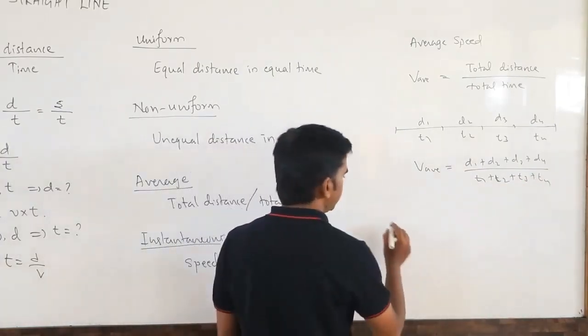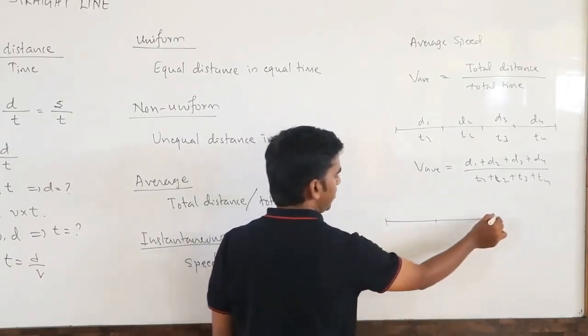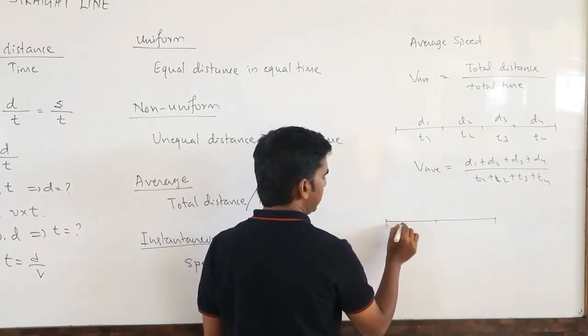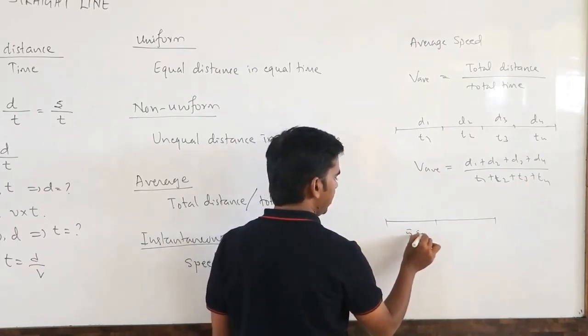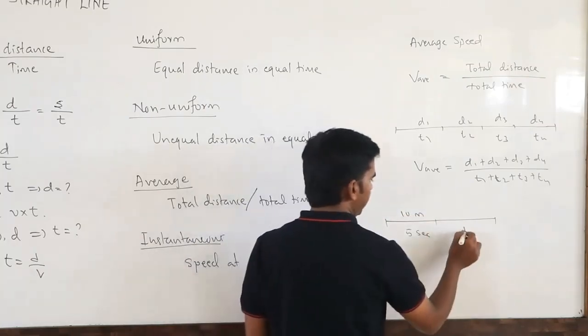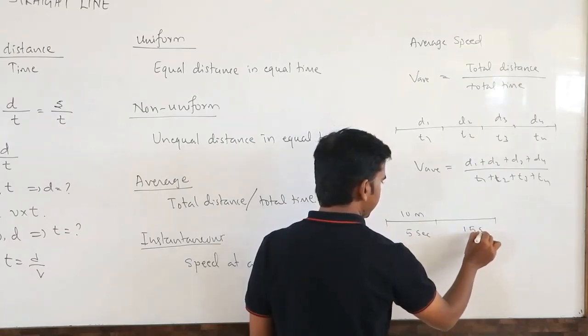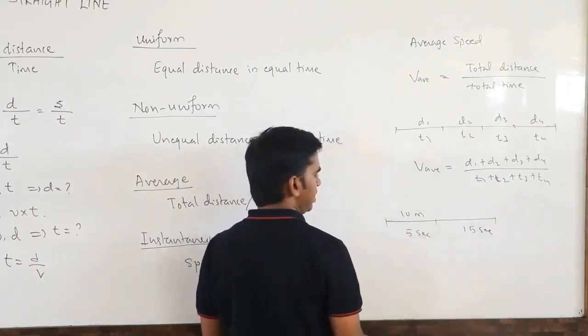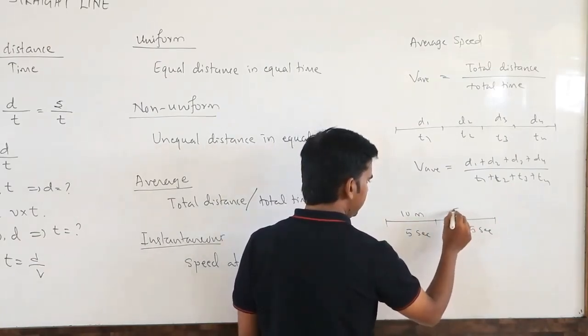You know that. So suppose a vehicle covers the first distance in 5 seconds, say 10 meters, and in the next 15 seconds it covers say 50 meters.